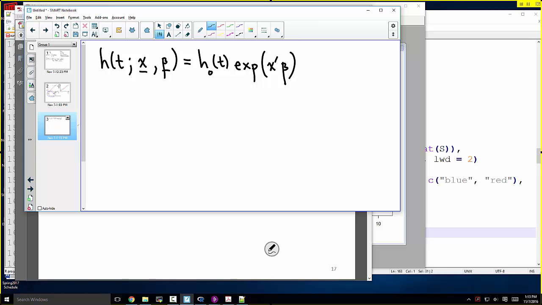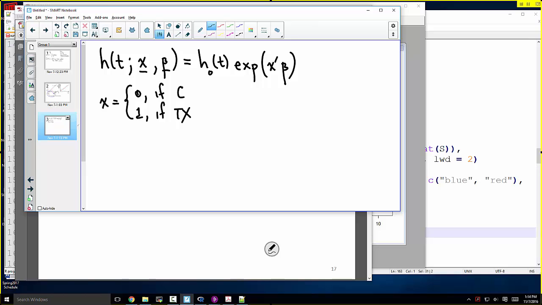So let's say x is either 0 or 1, 0 if control group, 1 if treatment group.